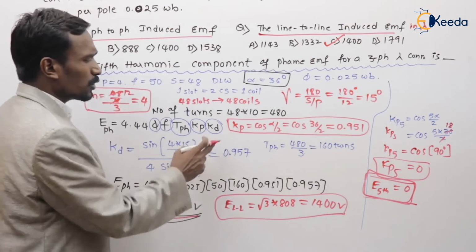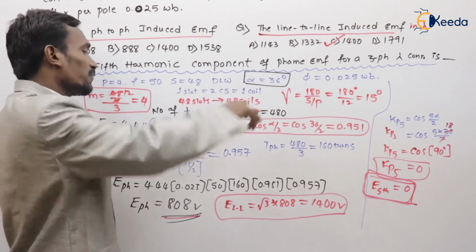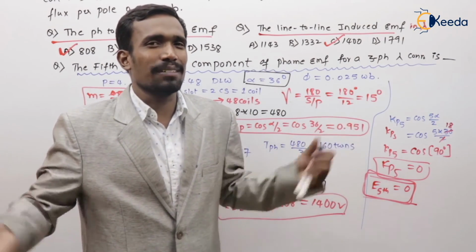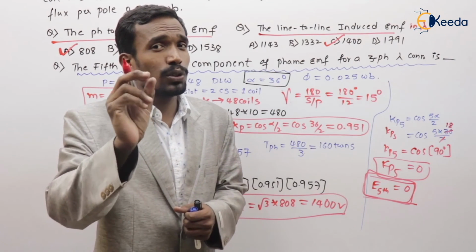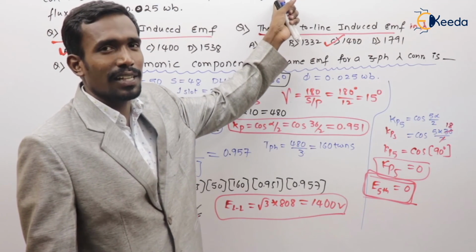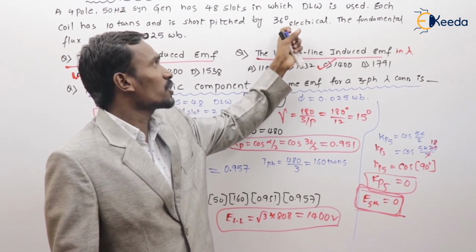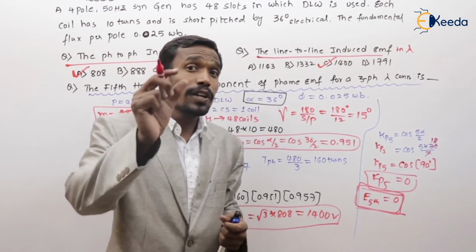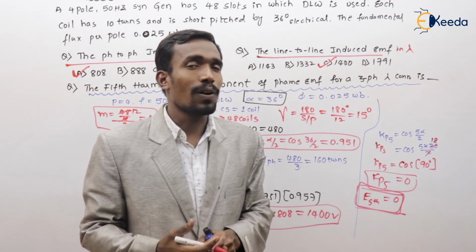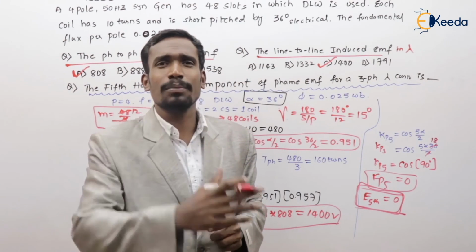Actually, if you start to find Kd5, frequency, flux, and then Kp5, then also you can get 0, but it is a lot of waste of time. You have to think once. If the short pitch angle is 36 degrees, which harmonic is completely eliminated? 180 by 5 is 36, so the fifth harmonic is completely eliminated.